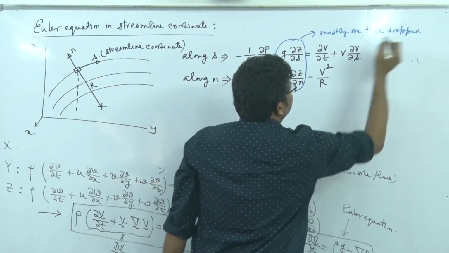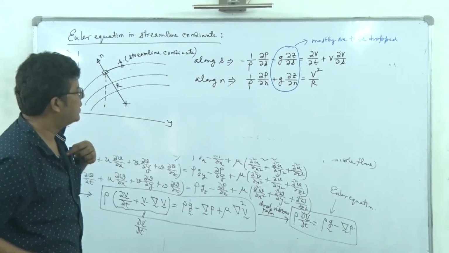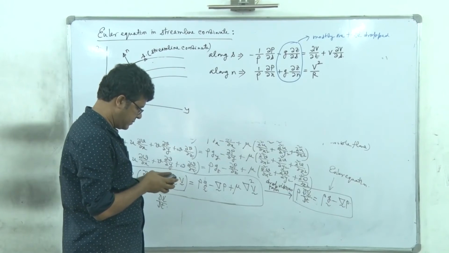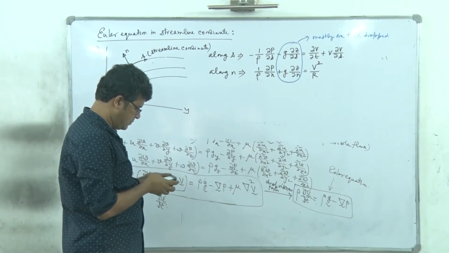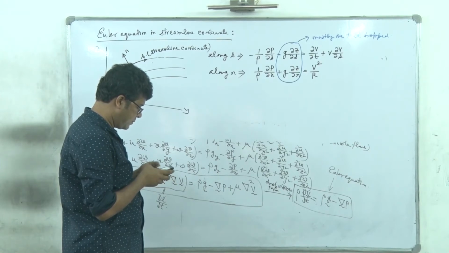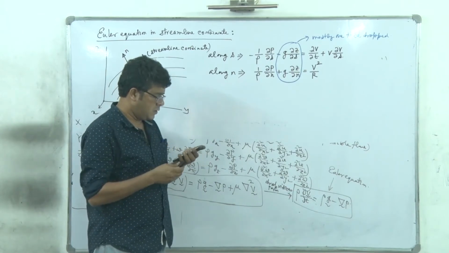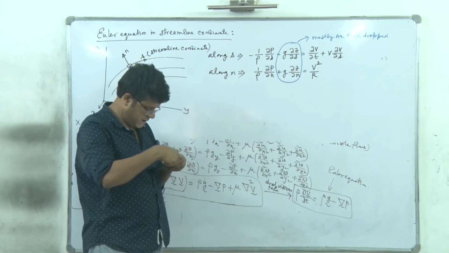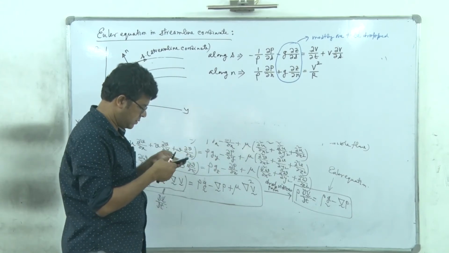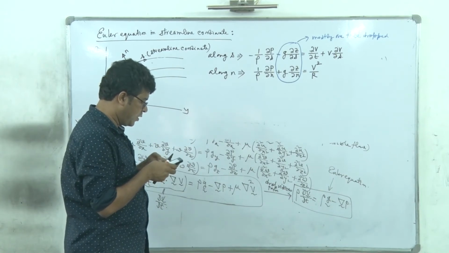Right? Now what is the problem? So let's discuss the application of this Euler equation in streamline coordinate with respect to a problem. Now what is the problem? See, the statement is given in the handout in this page number 50, and the problem is what?